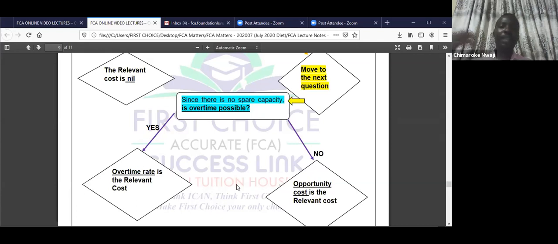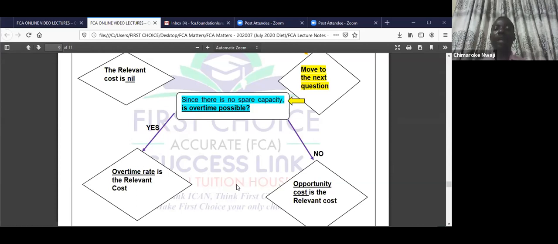So anything after 6 is not part of the contract. So he should be paying you overtime bonus. So that overtime is relevant because he has not bought that time. He is now trying to buy that time by asking you to come to work and spend beyond your normal official closing time.